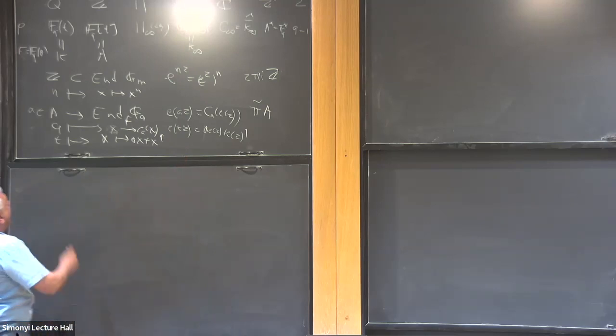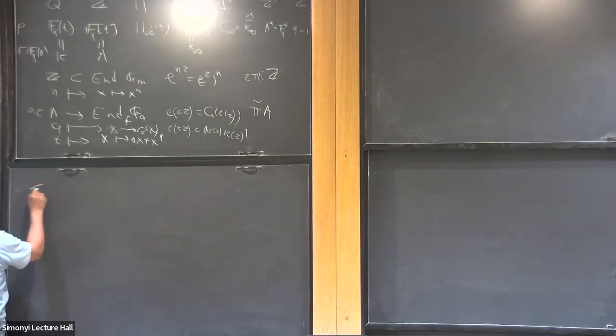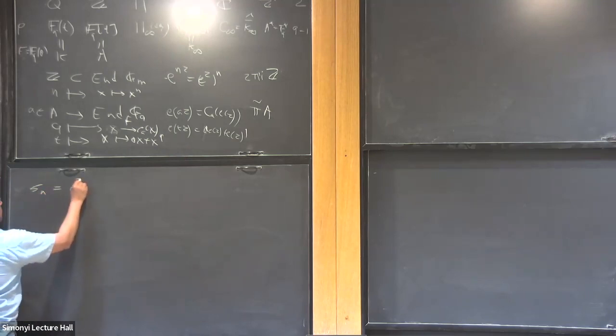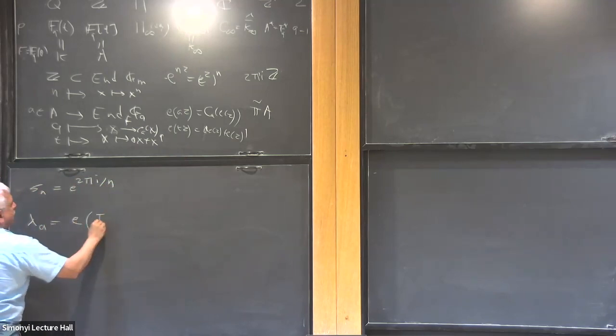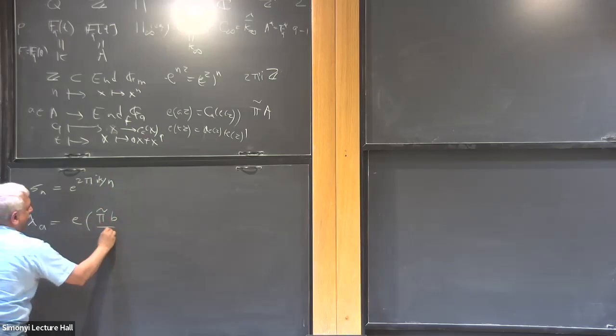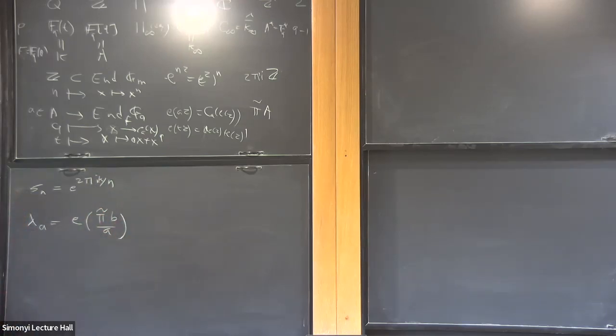Okay, and then just like your zeta n's, which are e to the 2 pi i over n, we have lambda a's, which are this exponential of pi tilde b over a. So there are two sorts of cyclotomic theories. One is a constant field cyclotomic theory, which is obtained by usual roots of unity.